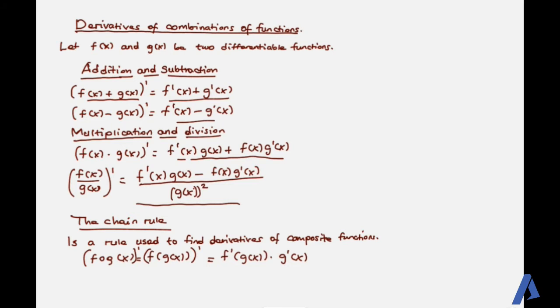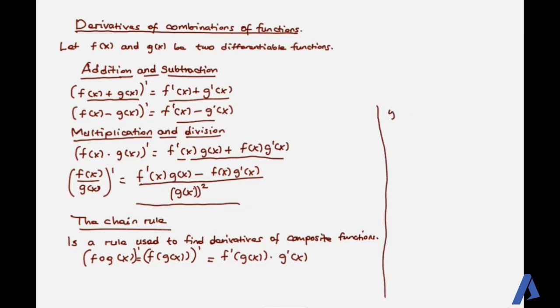A rule used to find the derivatives of composite functions, that is, f∘g of x, which is f of g of x. Its derivative is equal to f derivative of g of x multiplied by g derivative of x. We can prove this by using the substitution rule.